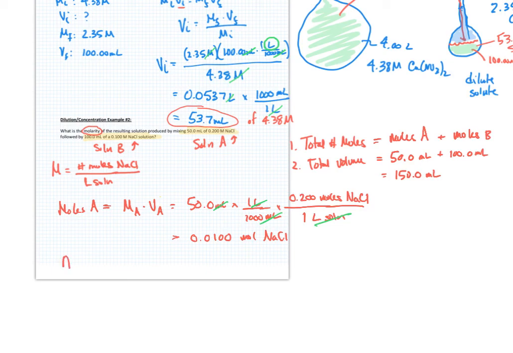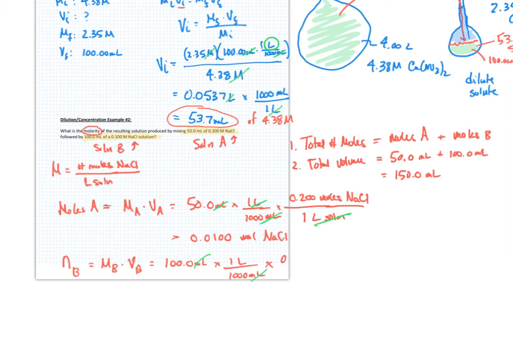How about the number of moles of solution B? That's also equal to molarity of B times volume of B, which is equal to 100 milliliters times 1 liter for every 1,000 milliliters. Cross off the units. Times, now our concentration is 0.1 molar, not 0.2 molar.